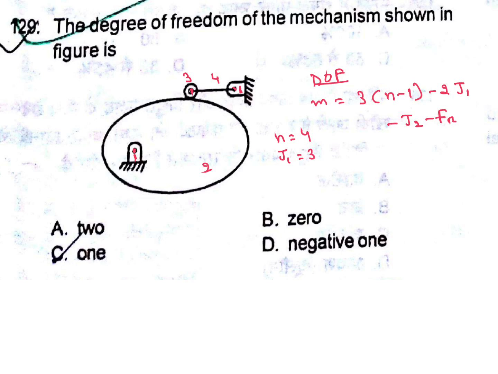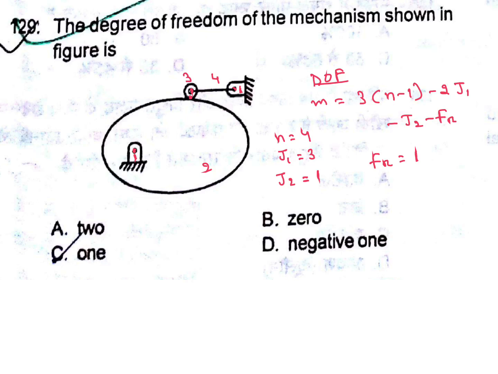J2: point contact here between 2 and 3, so 1. Fr is 1 because link 3 we can rotate independently without affecting the other links, so 1.